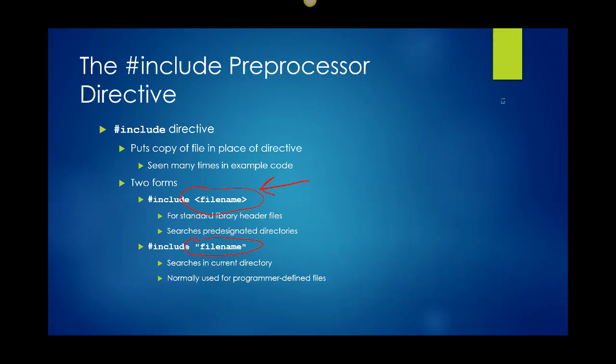Okay, it will actually look for an include directory that is part of the installation of that compiler directory structure on your computer. So the basic idea here is that it's looking for very specific files. Those files are called header files.